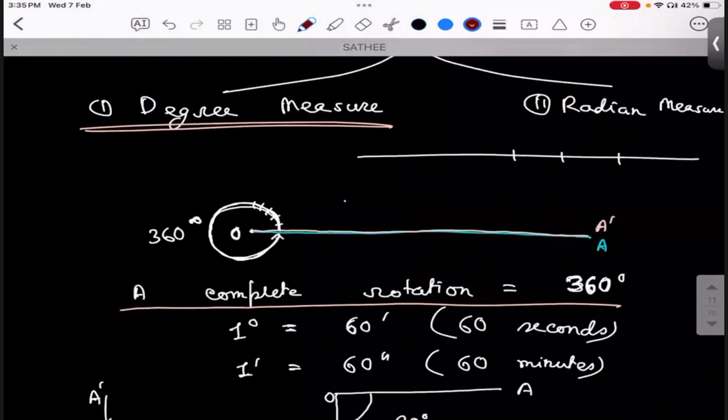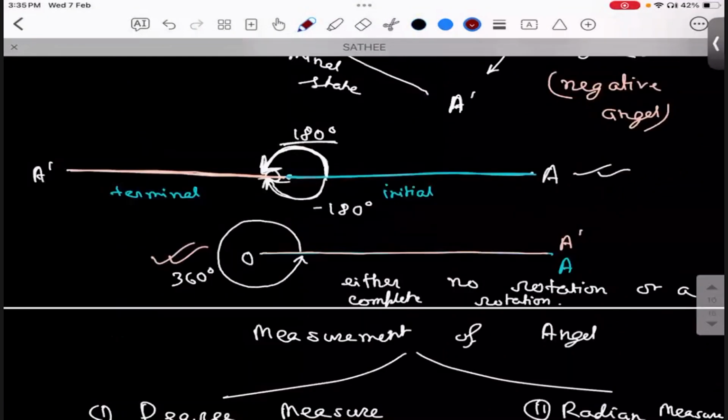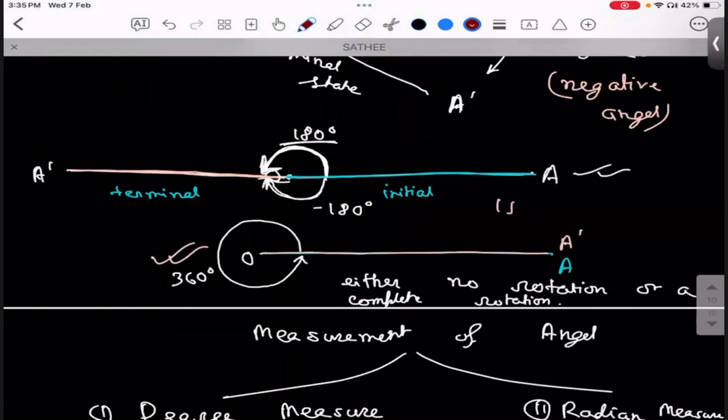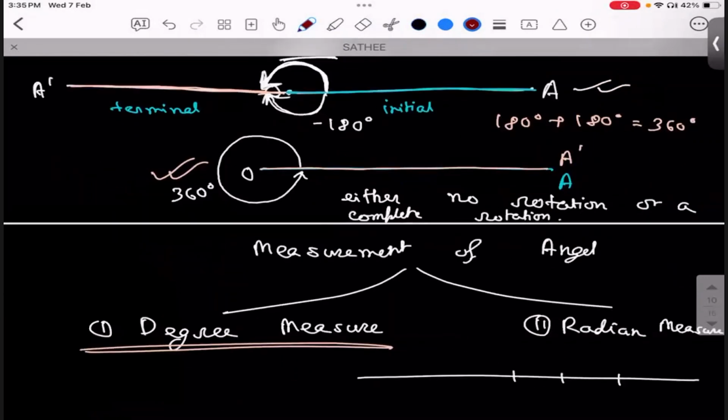Similarly, here you can find 180 degree plus 180 degree equals 360 degree. Here I have stated that this is either no rotation or full rotation. No rotation means 0 degree and full rotation means 360 degree. So that gives us 360 degree.